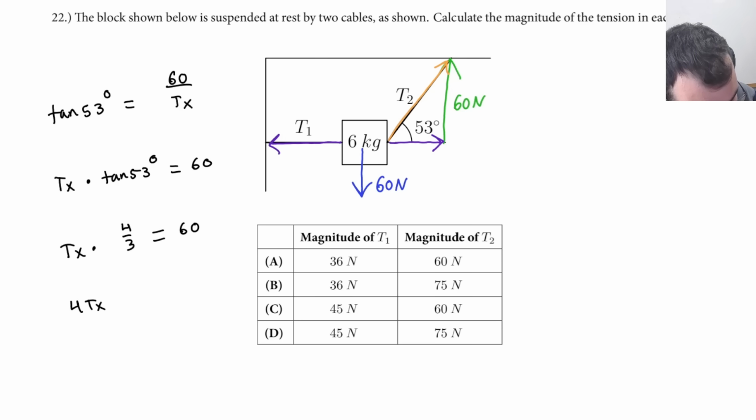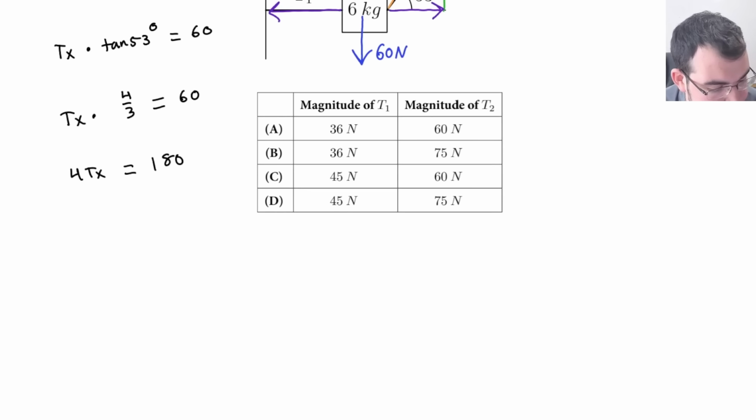So 4Tx is equal to 180. So that means Tx is going to be whatever 180 divided by 4 is. 45.